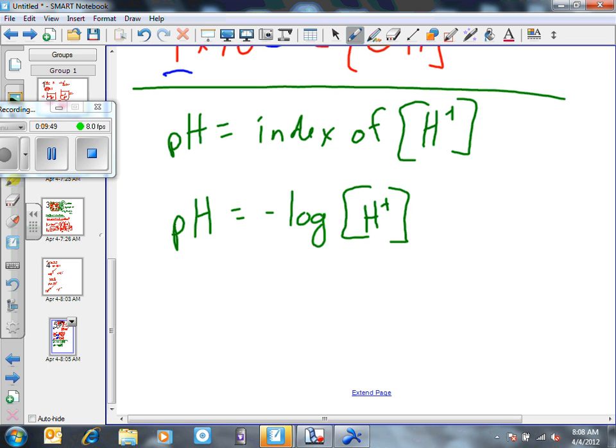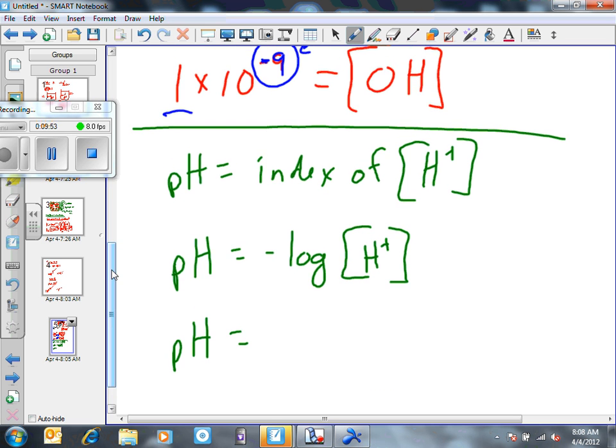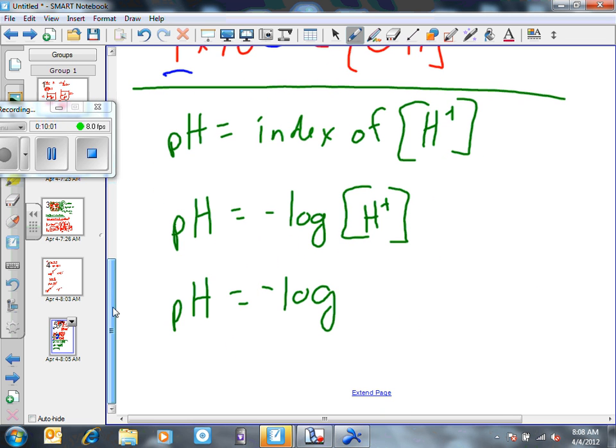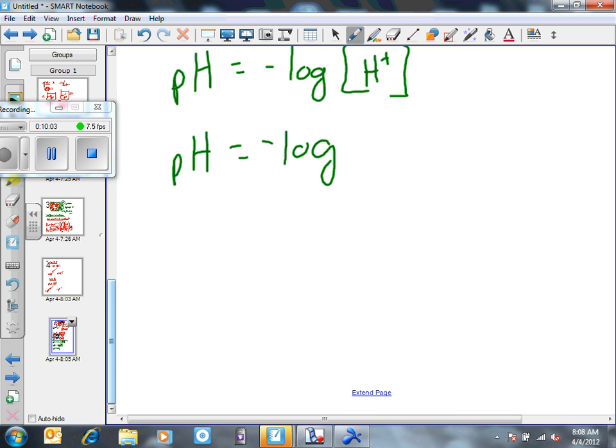So in this case, our pH is equal to the negative log of 1 times 10 to the negative 5th. And we can see that our pH then is going to be a 5.